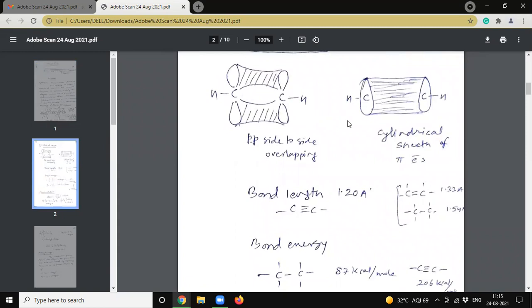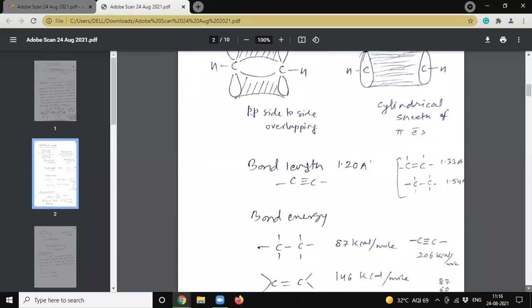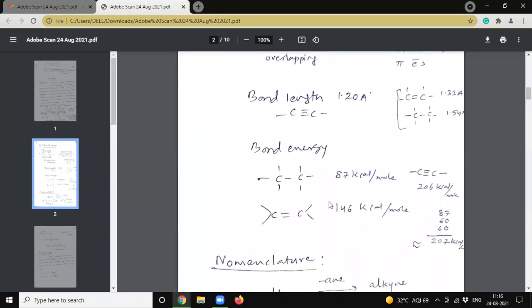In alkynes, pi electrons are delocalized between carbon and carbon. See here, 2 p orbitals, side to side overlappings. Bond length, as I told you, is shorter than alkane and alkenes.